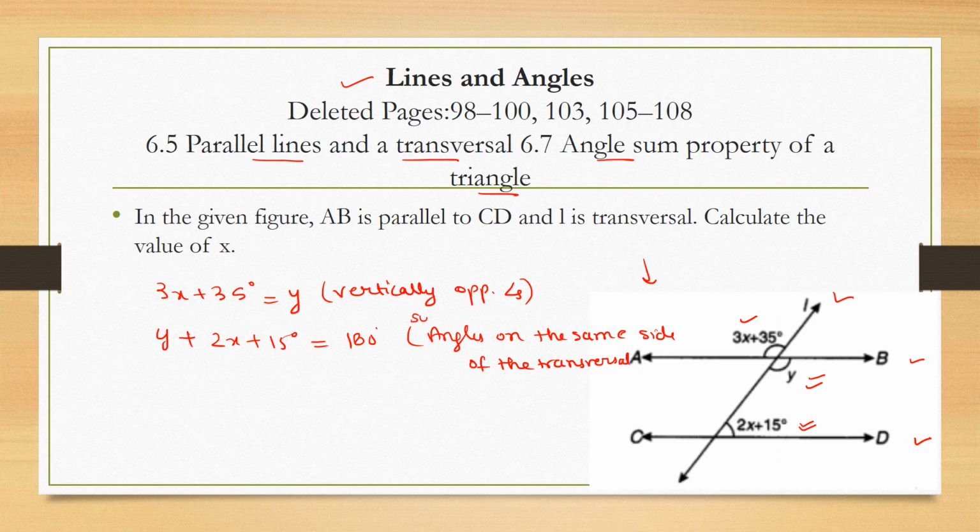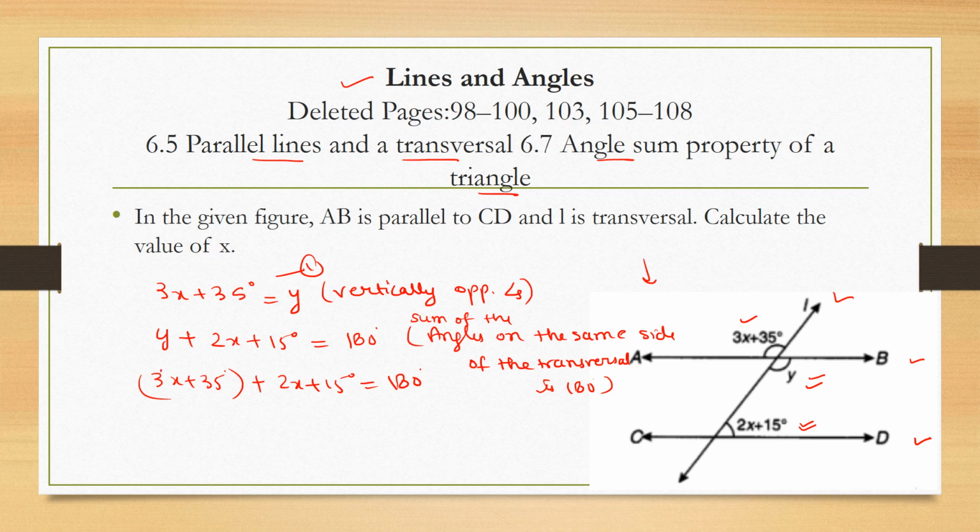So I should write: sum of the angles on the same side of the transversal is 180. Right? So can I just substitute the value of y as 3x plus 35 here? The rest will be the same. This is called the substitution method to solve an equation.